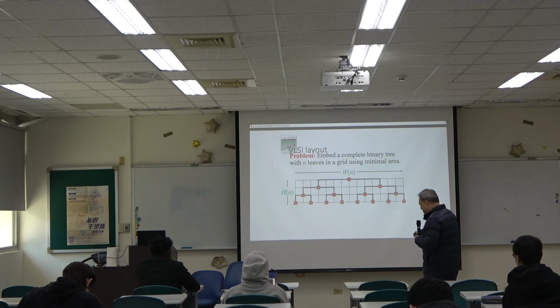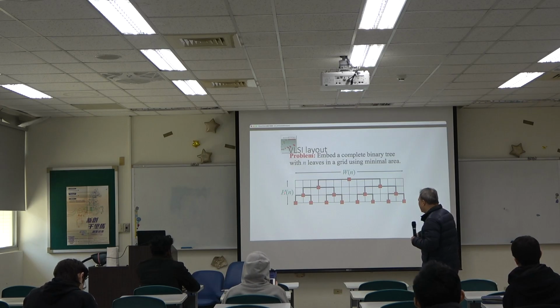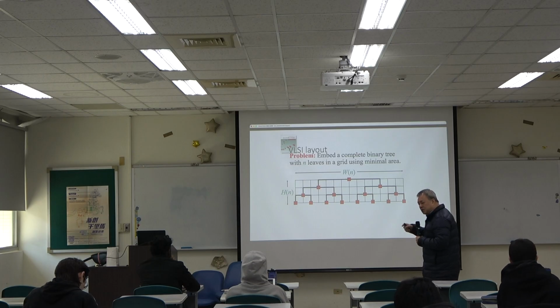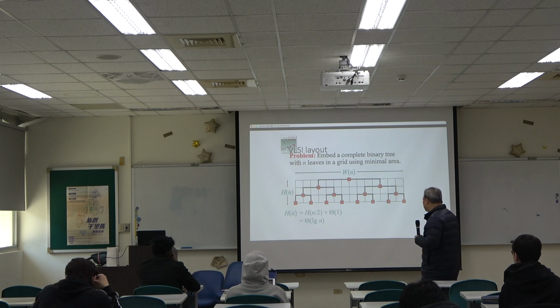In terms of height, if n is 2 to a certain power, obviously the height will be log base 2 of n. It should be very straightforward.